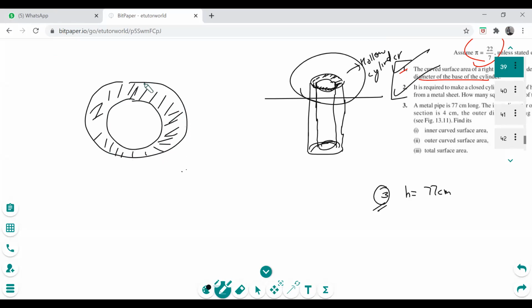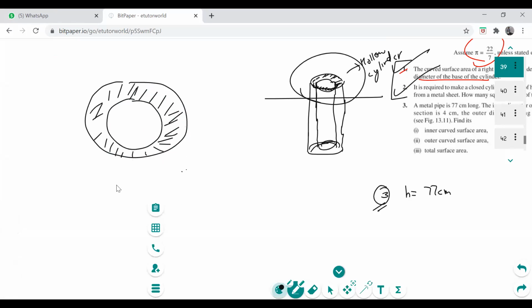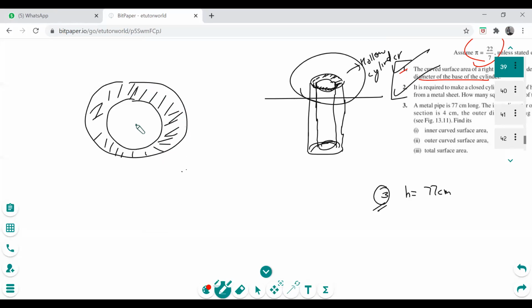It's not a perfect above part, but it's a kind of a one. So this inside circle will actually give me the smaller radii, that is small r. And this outside circle will give me the bigger radii, isn't it? Are you people getting what I'm trying to tell you? Yes.